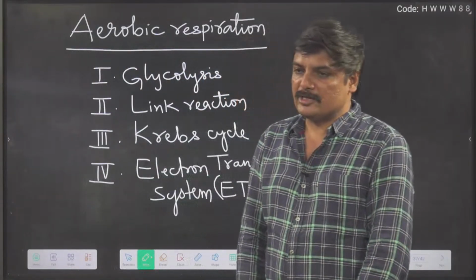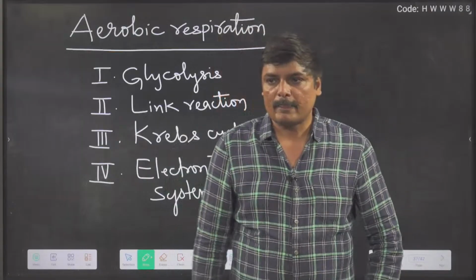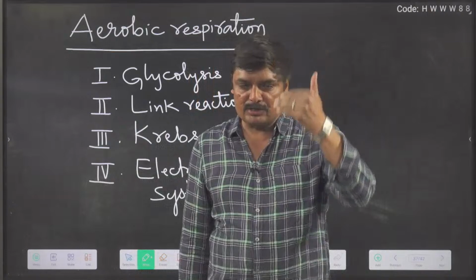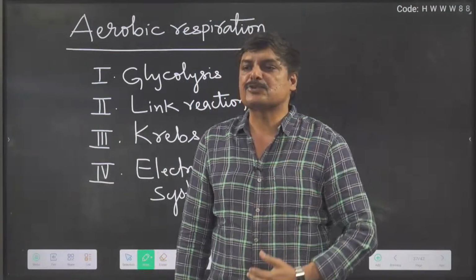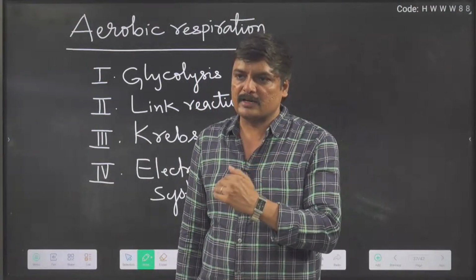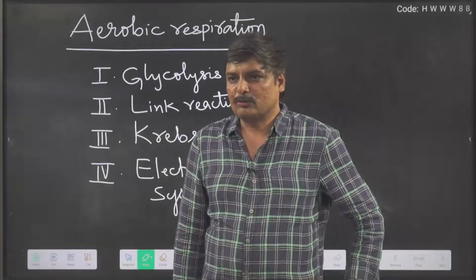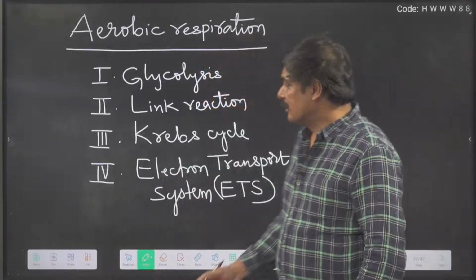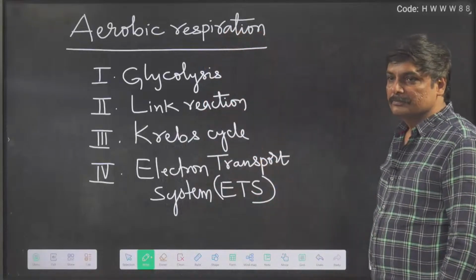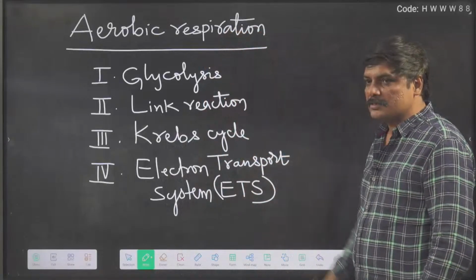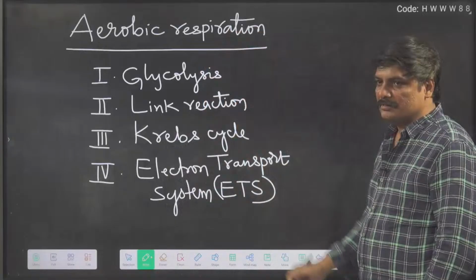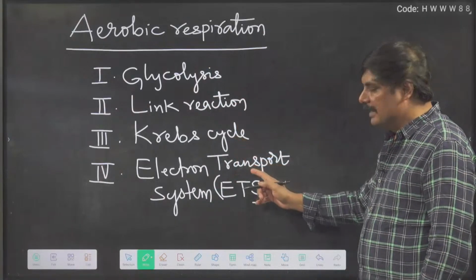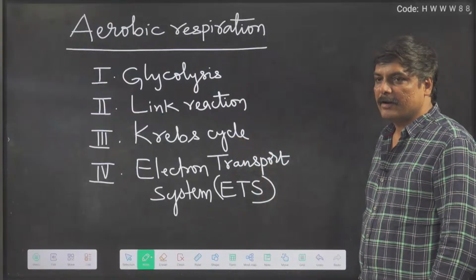So in aerobic respiration, four steps are involved during the oxidation of the respiratory substrate completely into carbon dioxide and water. I hope all of you are following well. These are the four steps: glycolysis, link reaction, Krebs cycle, ETS.